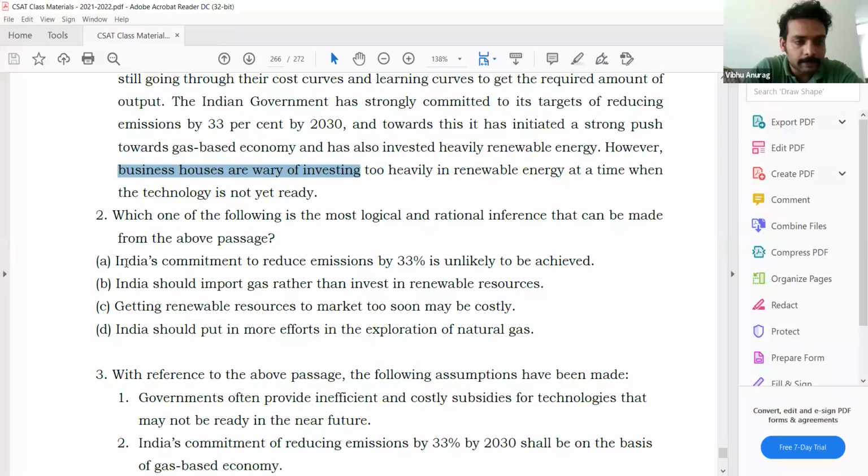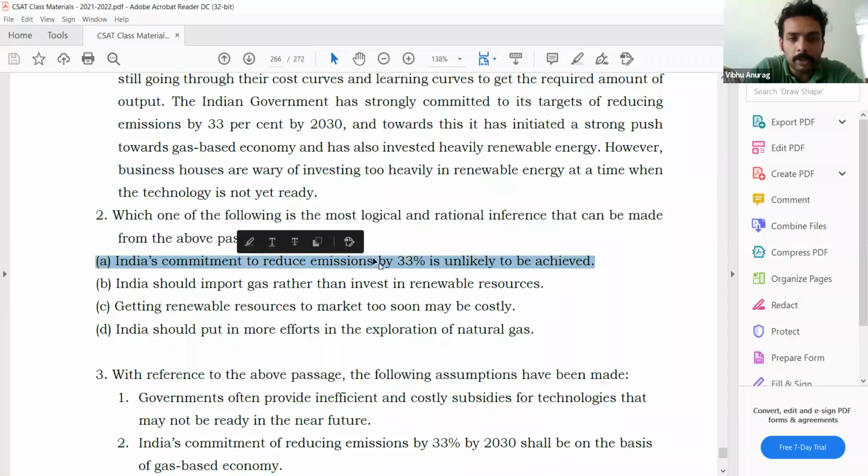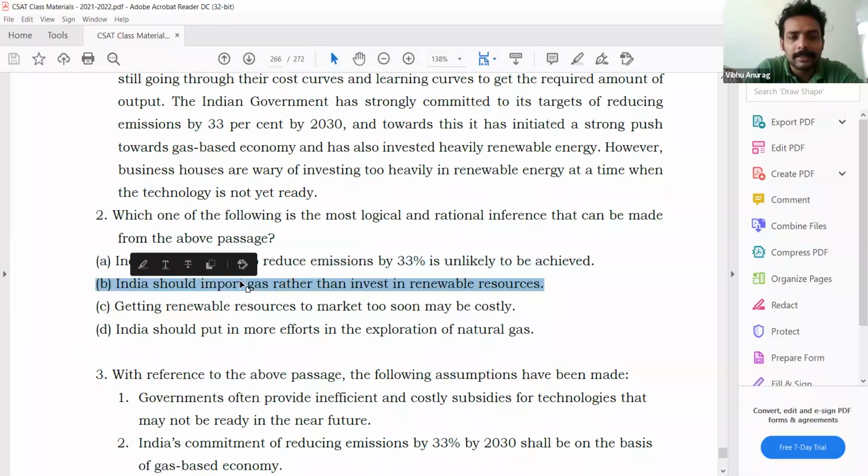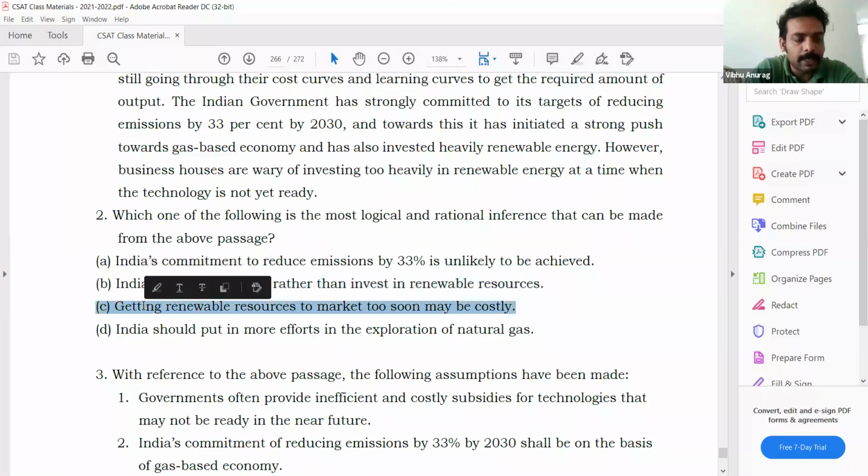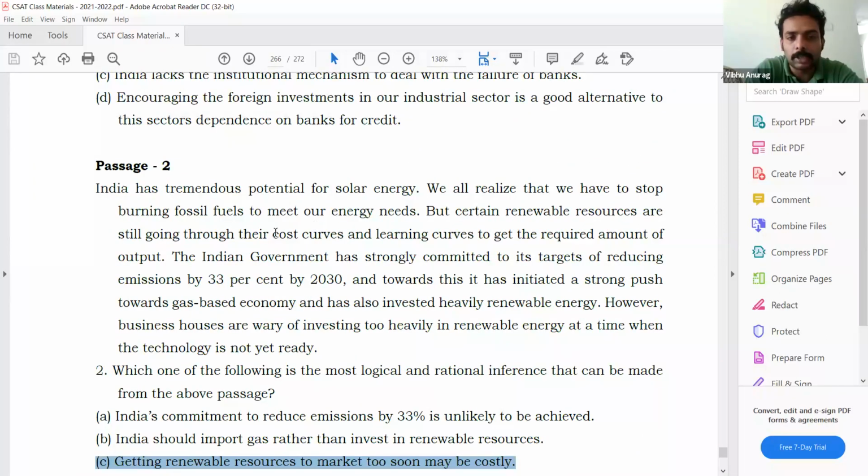Option A, India's commitment to reduce emissions by 33% is unlikely to be achieved. The author is not saying that it is a far-fetched target. So A is wrong. B says India should import gas. There is no mention of importing gas anywhere. So B is wrong. Option C, getting renewable resources to market too soon may be costly. That is correct, because he's saying that they're still going through their cost curves.